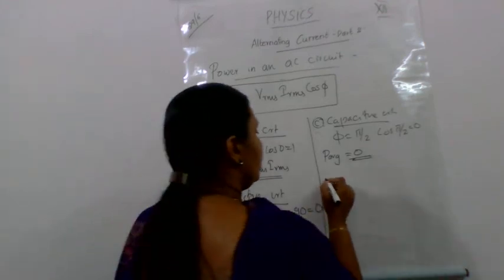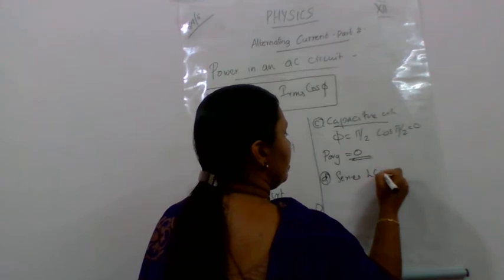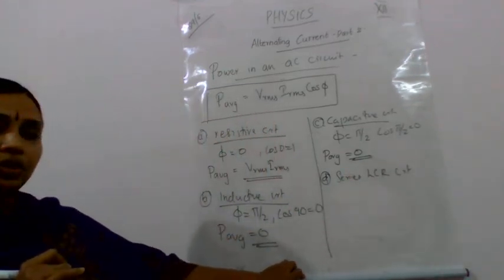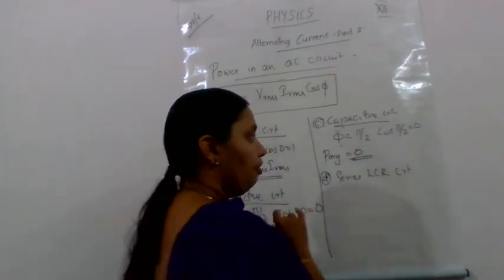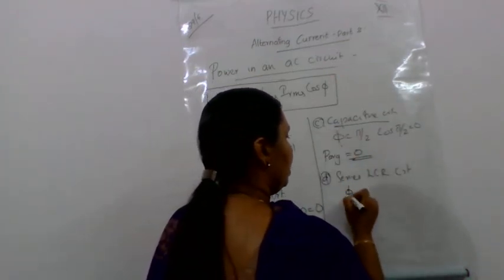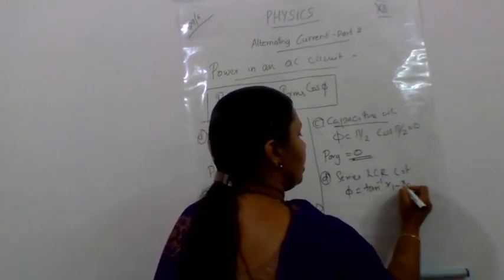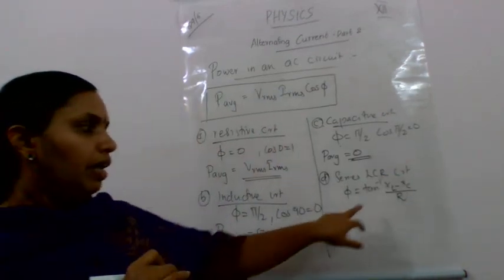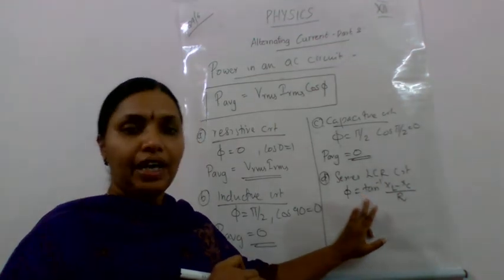Then the next one is the series LCR circuit. In a series LCR circuit, the power will change according to phi, where phi is equal to tan inverse of (XL minus XC) divided by R. So according to the values of XL, XC and R, we will get the phi value.